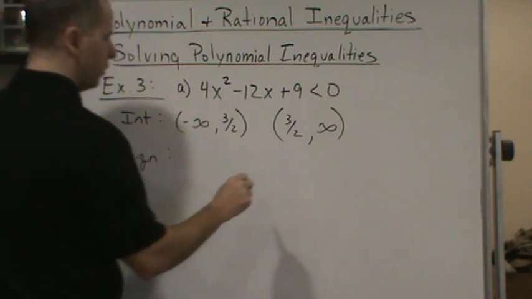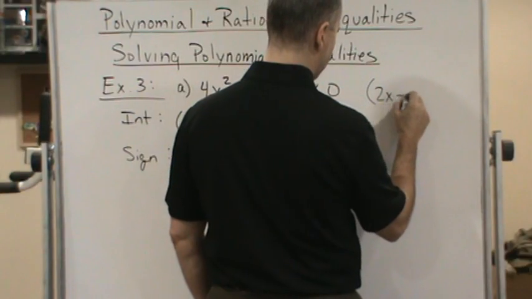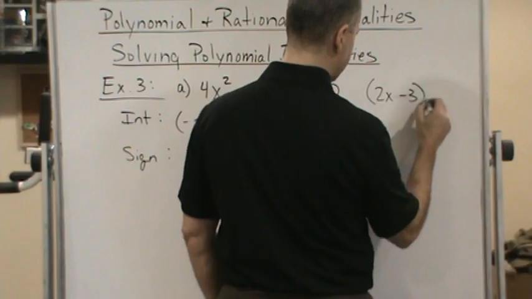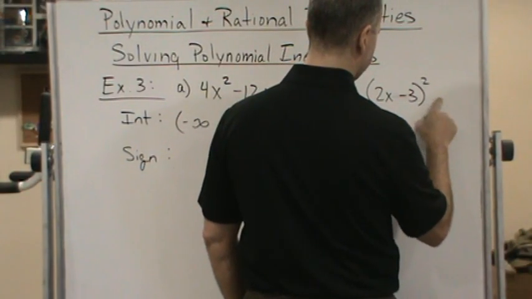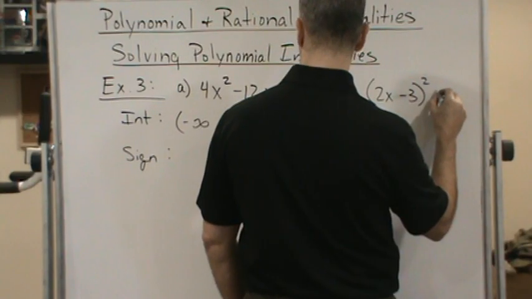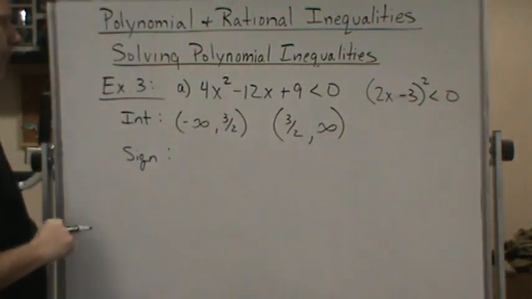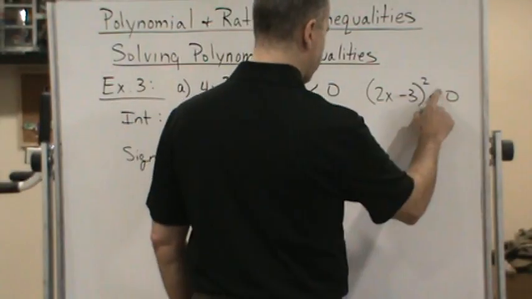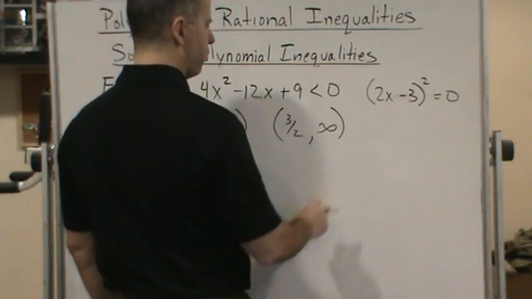And again, if I use the factored form, which was (2x minus 3) squared less than or equal to 0, because again, we're just testing for the sign.